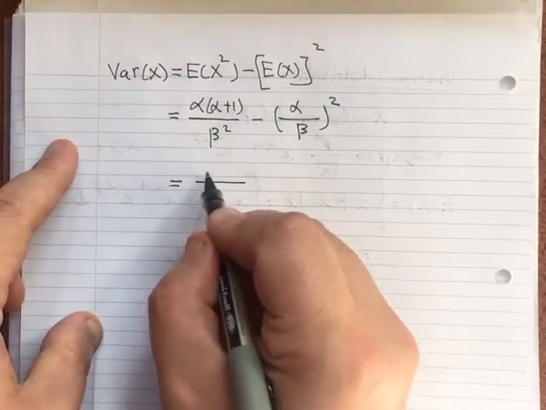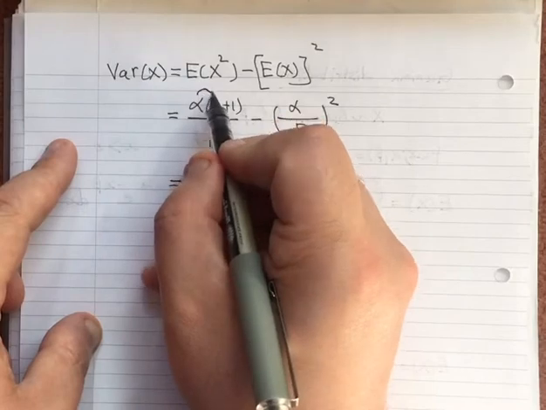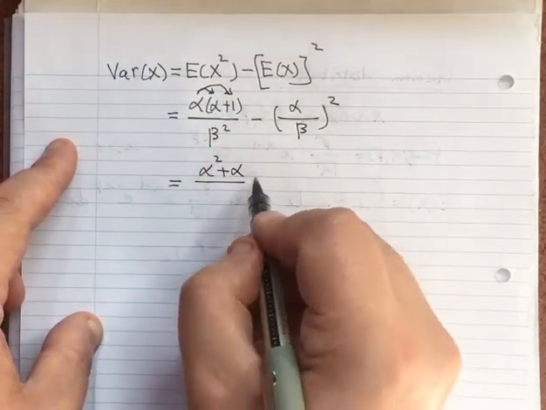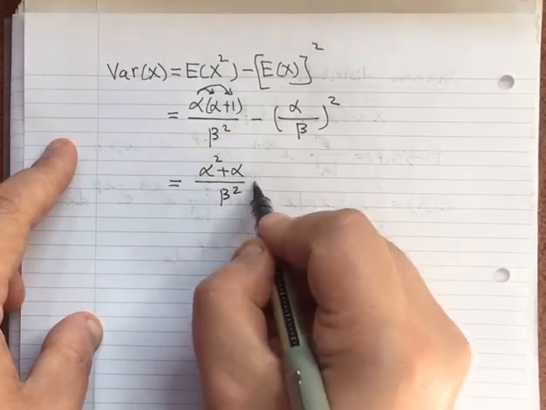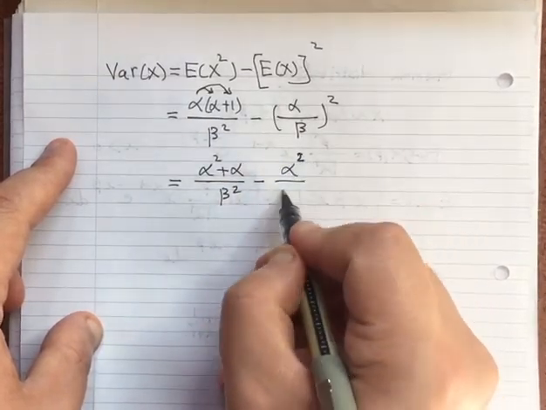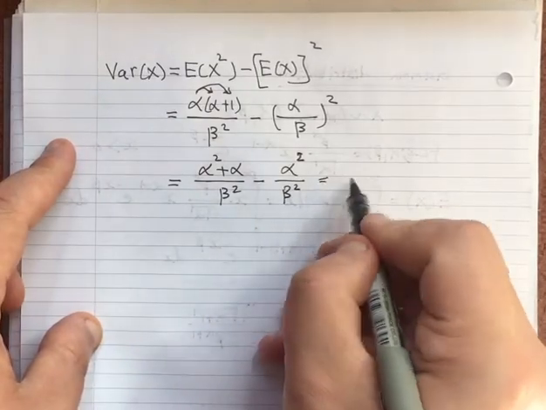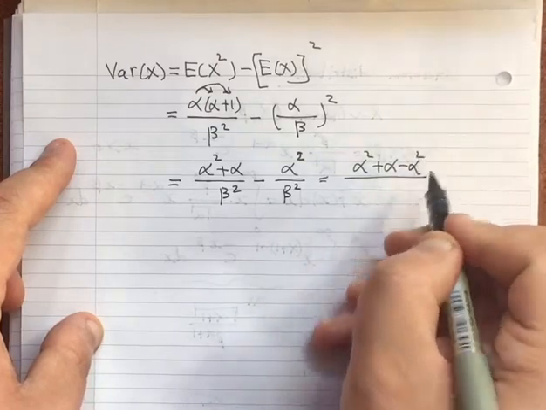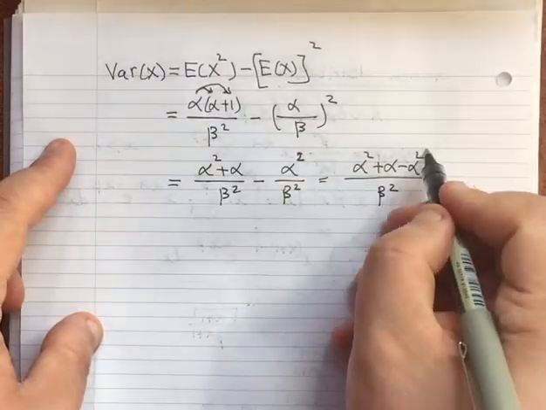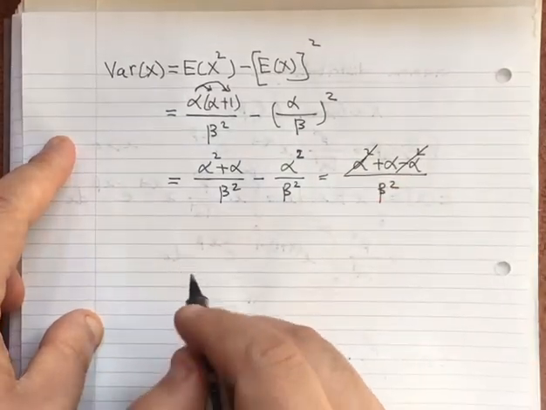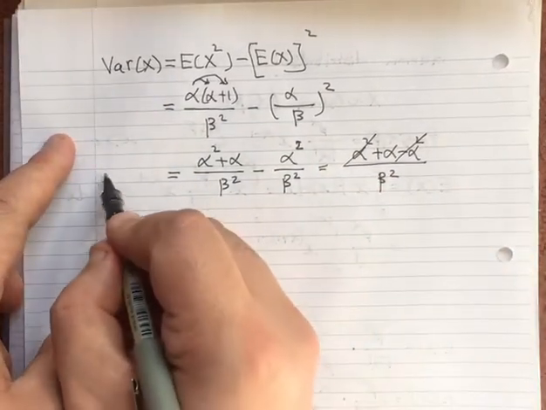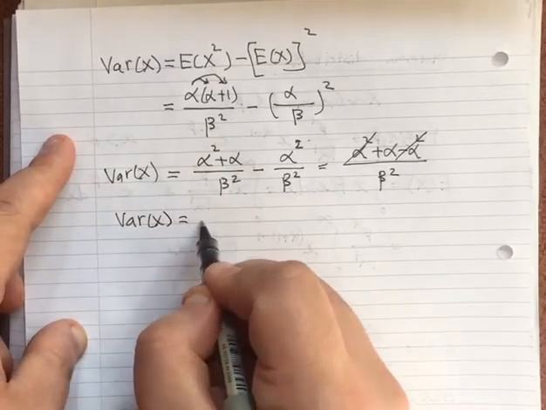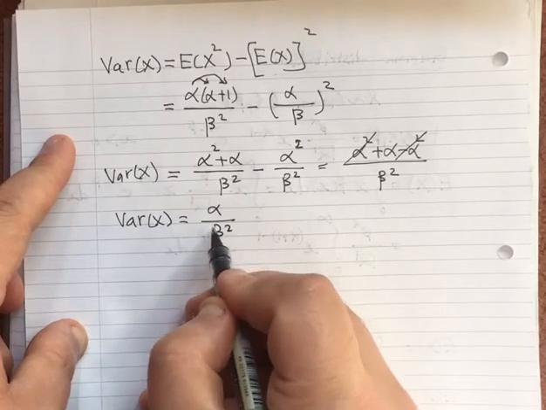Now we multiply alpha by alpha and alpha by 1, so alpha squared plus alpha divided by beta squared, minus alpha squared divided by beta squared, which equals alpha squared plus alpha minus alpha squared divided by beta squared. So minus alpha squared with alpha squared, that's 0. Then we are left with the variance of x equals alpha over beta squared.